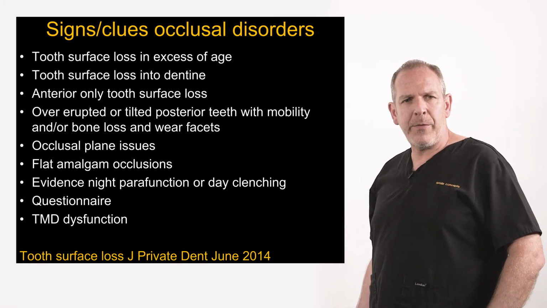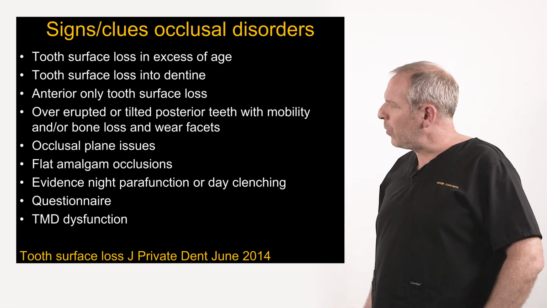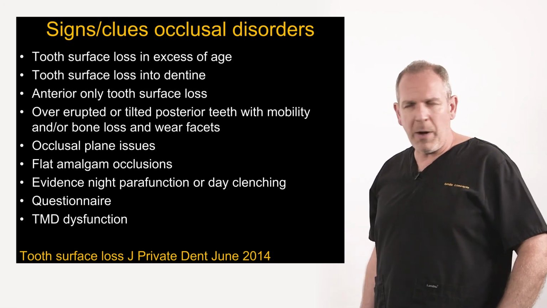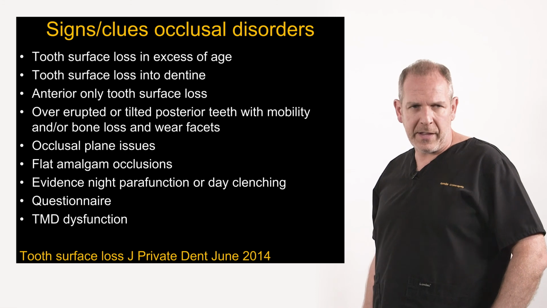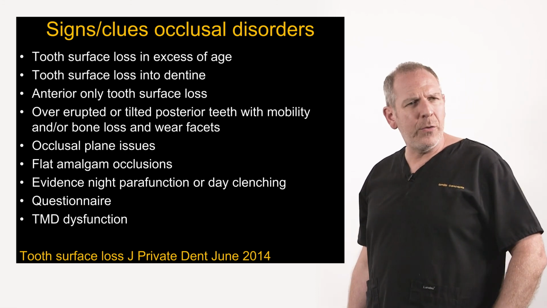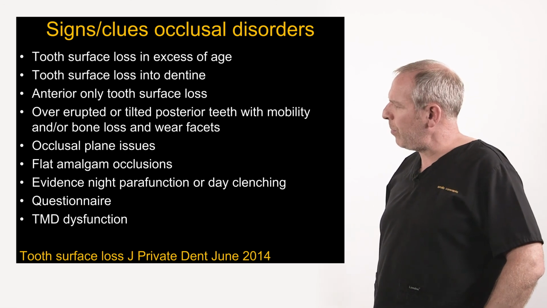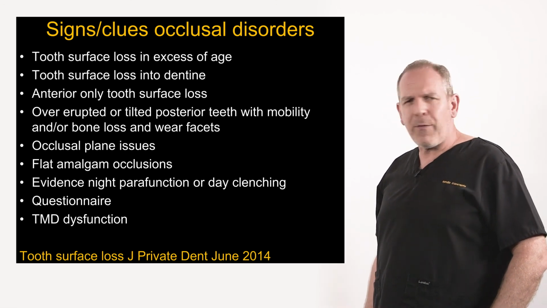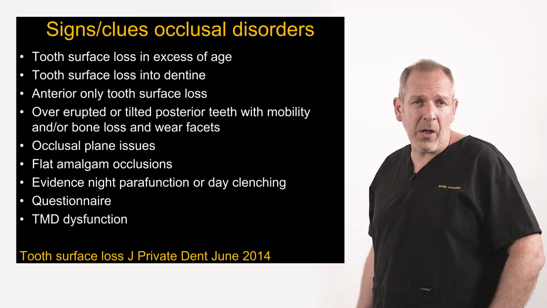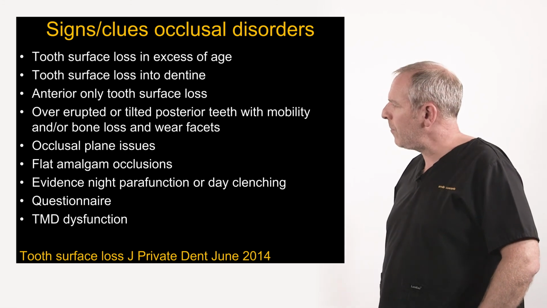Are there over-erupted or tilted posterior teeth, particularly if there is mobility or bone loss or wear facets? Are there teeth which are particularly out of the occlusal plane, which could be causing a problem? Are there these flat amalgam occlusions where the intercuspal position has been lost and the patient drifts around?